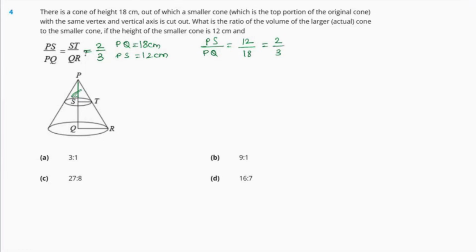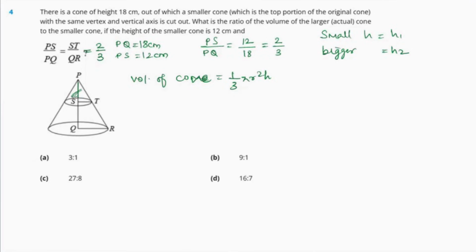Now if we are going further with the question, the question is asking about the volume only, correct? And for the volume of the cone, we know the formula, which is equal to 1 by 3 pi r square h. So let's take the smaller cone height as h1, and the bigger cone height we can take as h2.